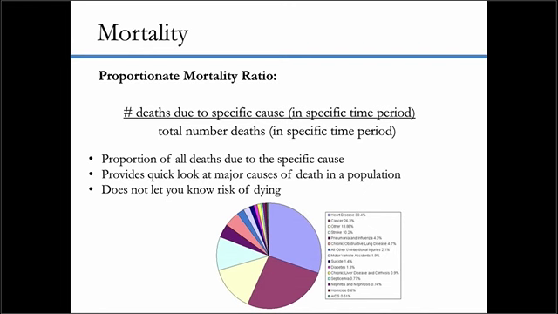So one thing that's important about our proportionate mortality ratio is that it does not tell us about the risk of dying. It just tells us overall in our population how many people die from different types of diseases. And typically we'll see the largest proportion of deaths in developed countries being those from chronic diseases, whereas we typically see a lower proportion of deaths from infectious diseases.